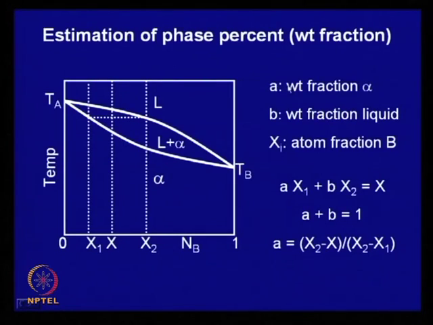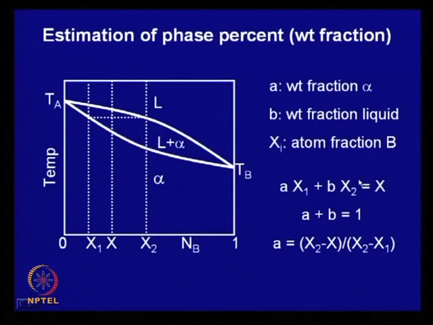Now, let us say A represents the weight fraction of alpha, B represents the weight fraction of liquid at this temperature, and x 1 represents the atom fraction of B in alpha. So, that means this is x 1, and x 2 represents the atom fraction of B in liquid.